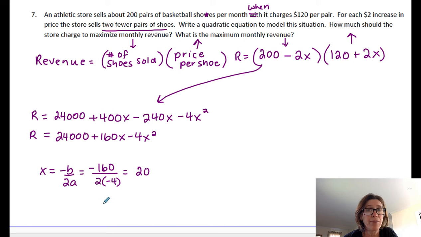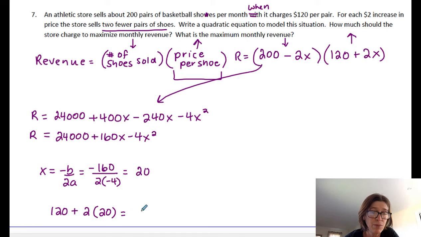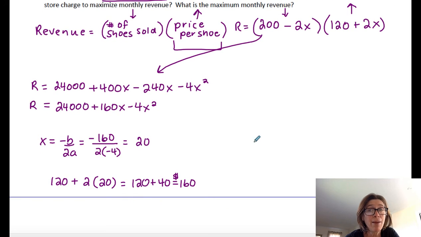So I want to know how much we should charge to maximize the revenue. So we should charge 120 plus 2 times 20, right? The price per shoe. So that's going to give me 120 plus 40, which is $160. So I should charge $160. Now, for the revenue, remember, the revenue is the multiplication of both binomials.